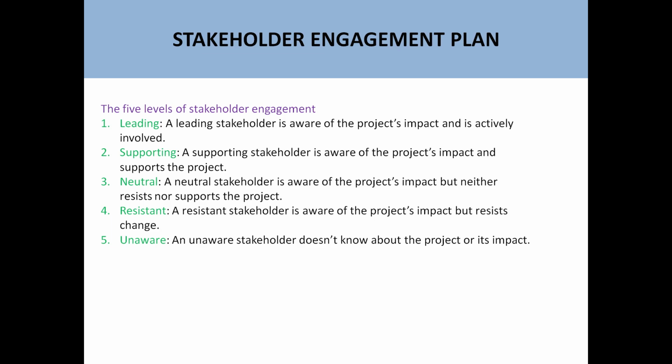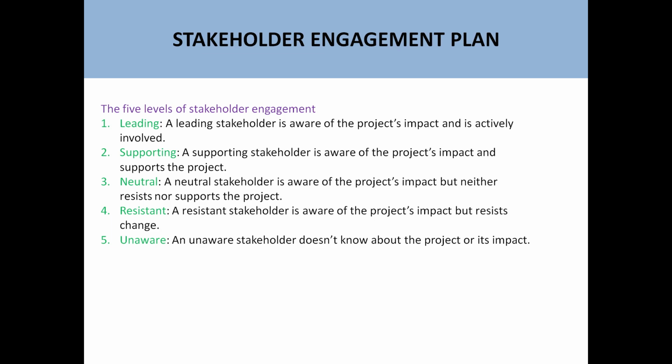We can say there are five levels of stakeholder engagement, which is very important. First is leading. A leading stakeholder is aware of the project impact and actively involved, for example, the CTO or CEO of the company. Supporting. A supporting stakeholder is aware of the project impact and supports your project.